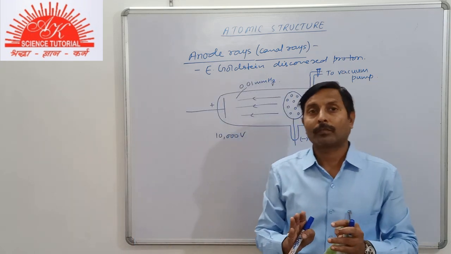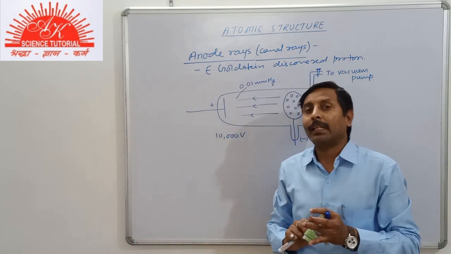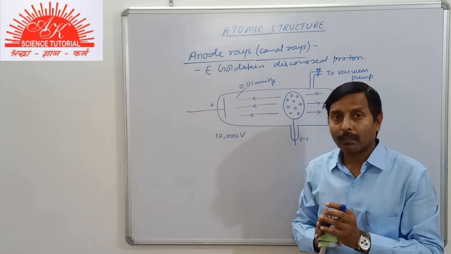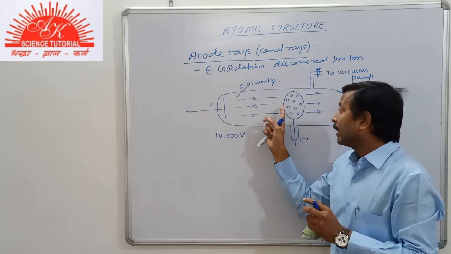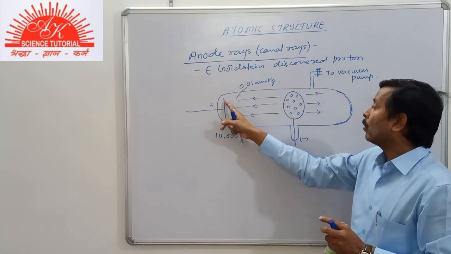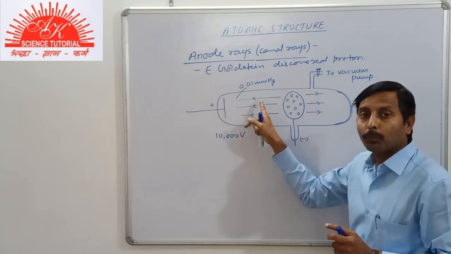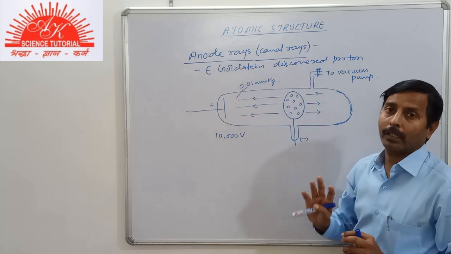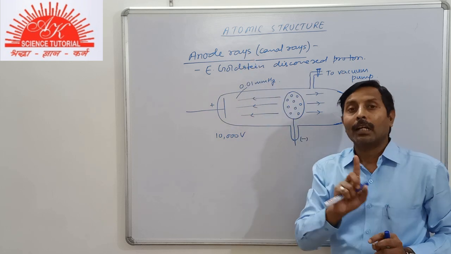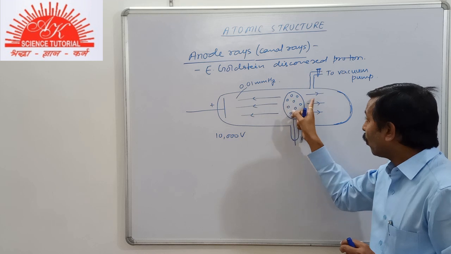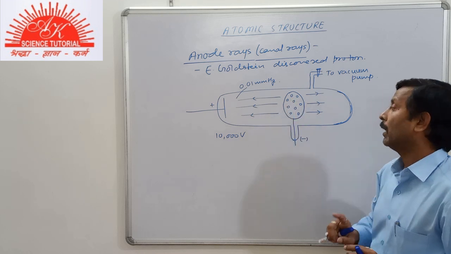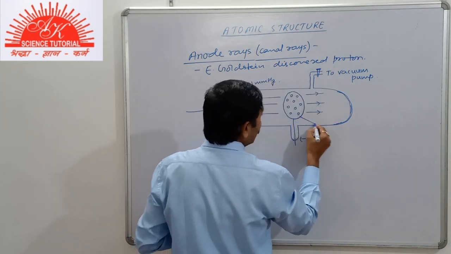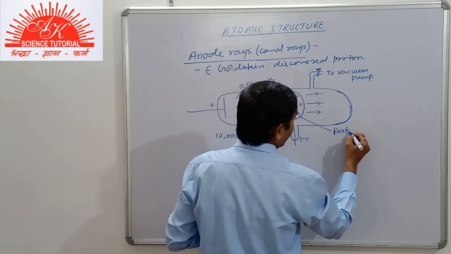Again remember, some rays were seen reaching behind the perforated cathode plate. It means they were traveling from the anode towards the cathode, in the direction opposite to the cathode ray. Hence they were termed anode rays. Since the rays were passing through the holes in the perforated cathode plate, they were termed canal rays.